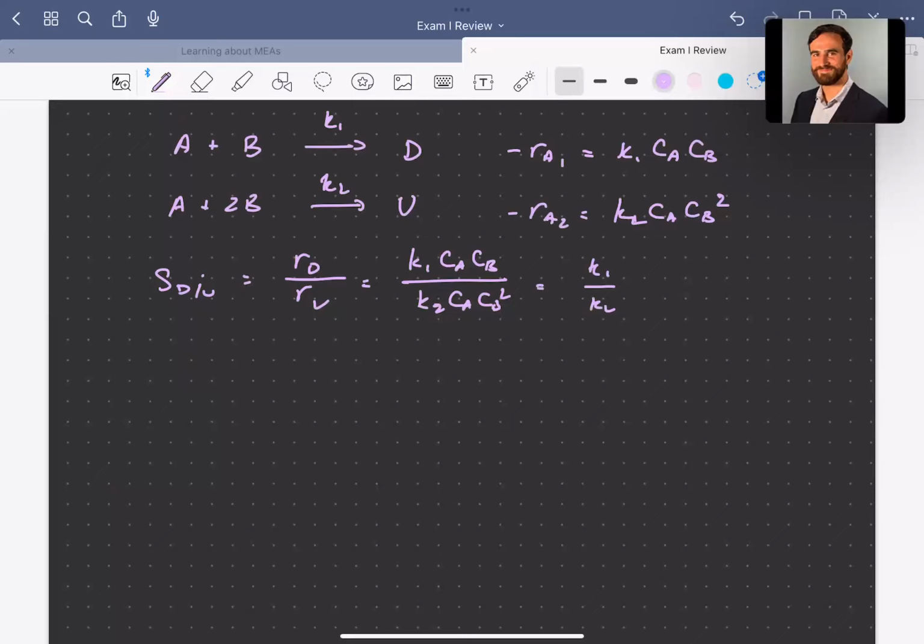So this could depend on the temperature, since they'll have different activation energies, therefore different sensitivity to temperature. And it's also going to depend on the inverse of the concentration of B. Okay, so here you can write out the Arrhenius type expressions for the rate constants.